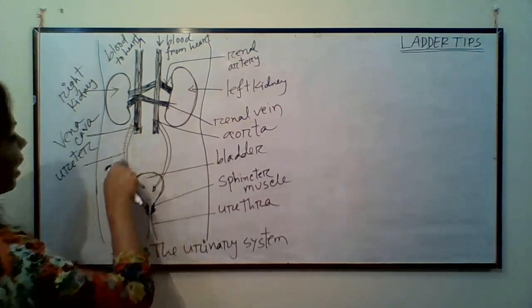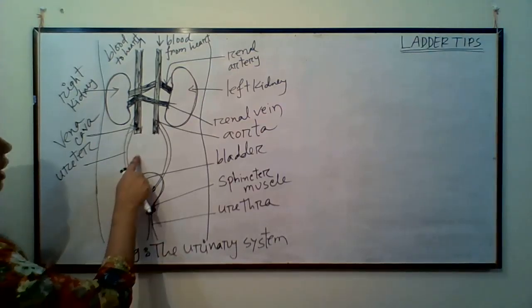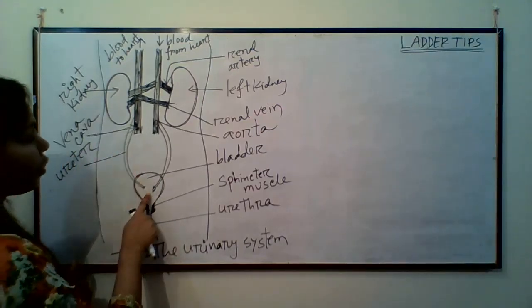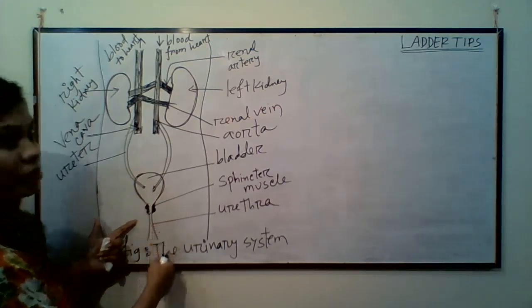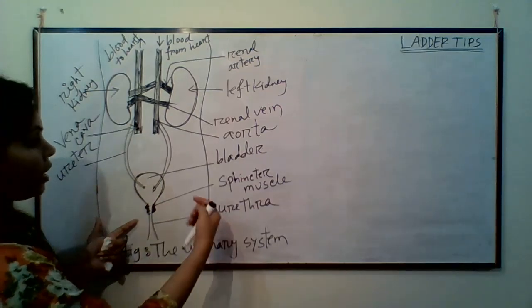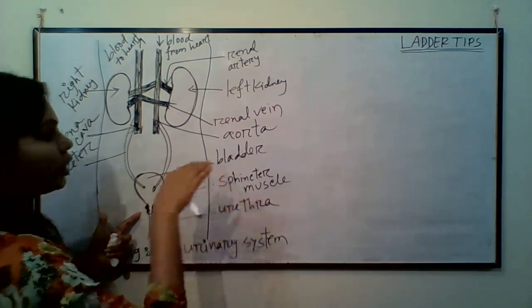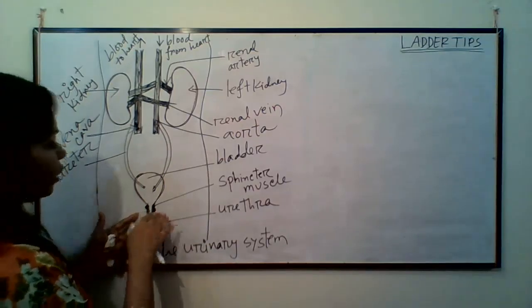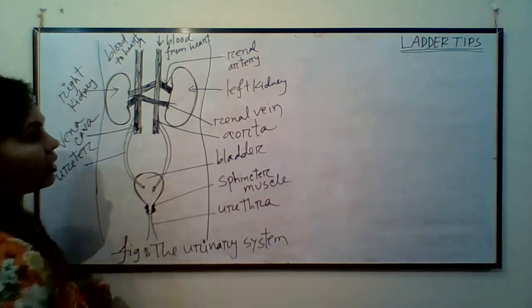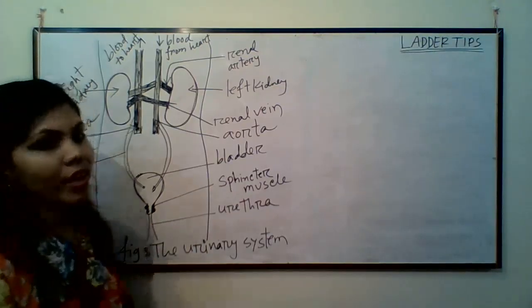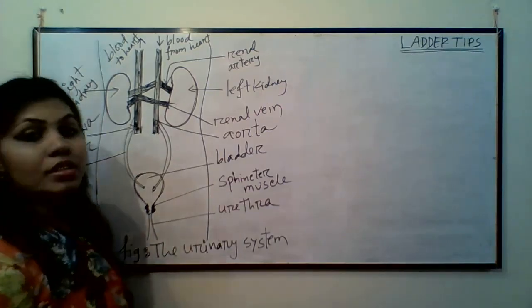The urine passes out through two tubes called ureters, and then the urine is stored in a muscular bag called the bladder, and the bladder has a tube leading to the outside called the urethra, and the urethra has two ring-like muscles called sphincter muscles. The lower sphincter muscle is voluntary, meaning it can be consciously controlled, while the upper one is involuntary. It automatically relaxes when the bladder is full. That is the fact.